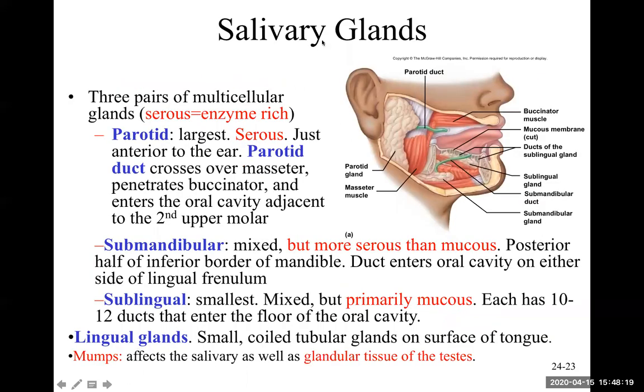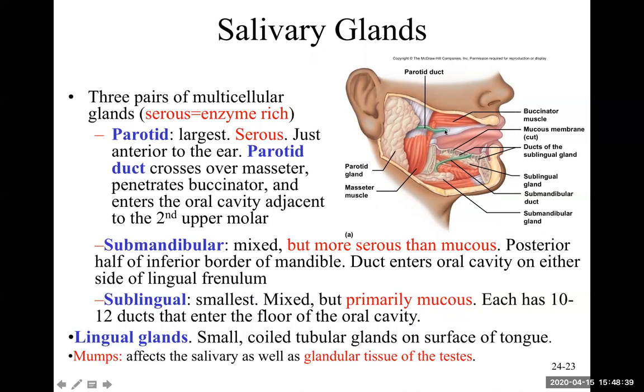Now, besides the mastication, we have salivary glands: the parotid, submandibular, and sublingual. The parotid glands are external to the masseter. The parotid glands are connected to the parotid duct, which pierces through the buccinator muscle.